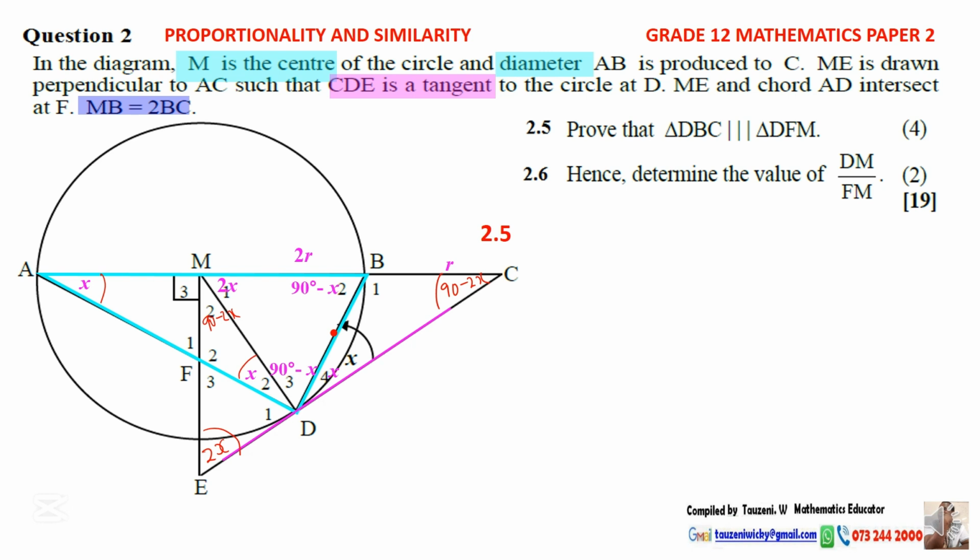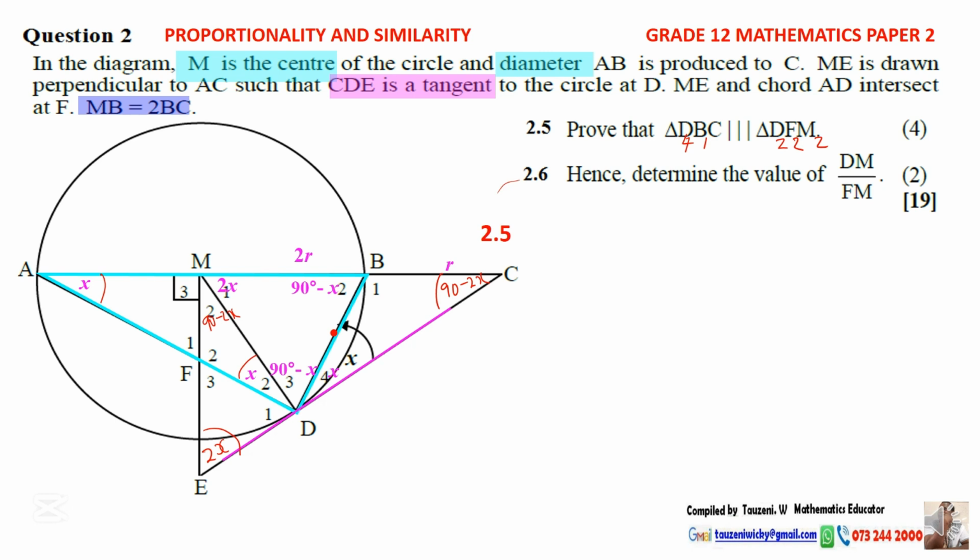Now, we want to compare angle DBC. Angle D is D4 and angle B is B1. Then in triangle DFM, D is D2 and F is F2, and M is M2.